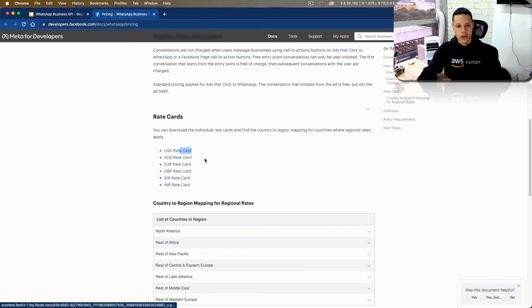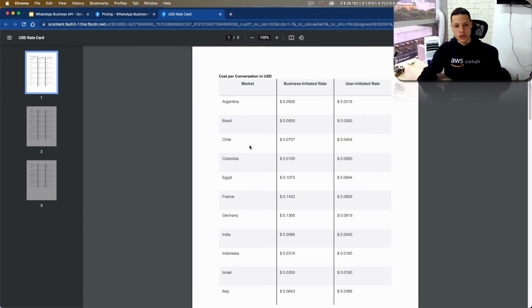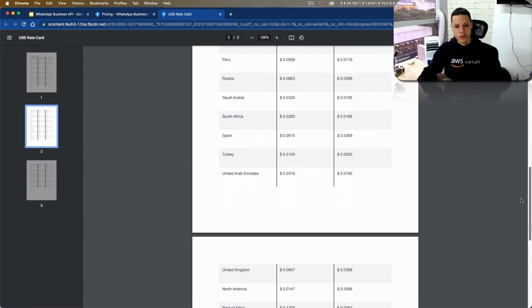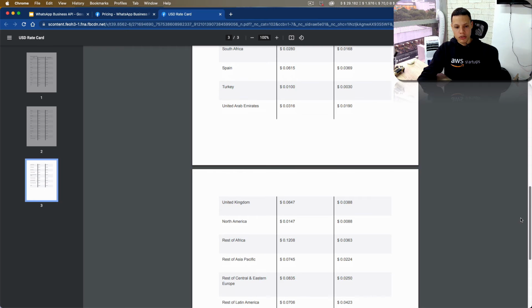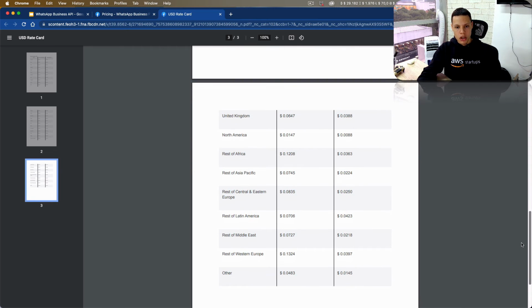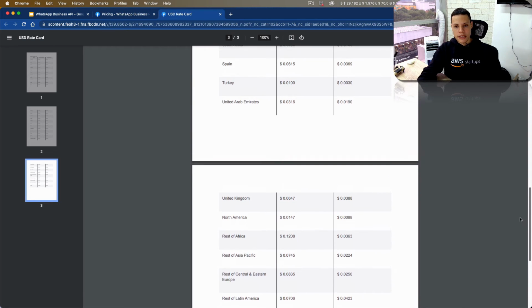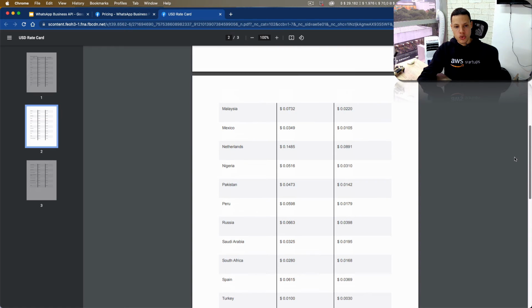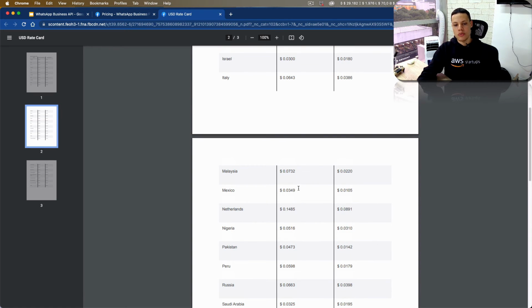As you can see, you can also see the rates if you're paying in Australian dollars or euros or pounds, but let's focus on the USD rates, and you can see that they have different rates for different countries.